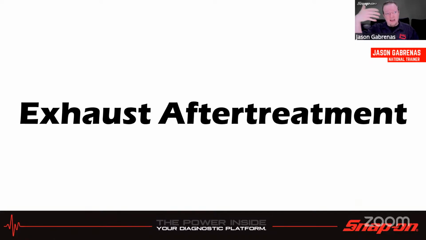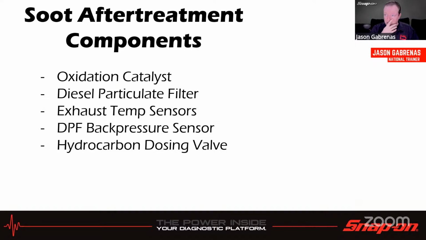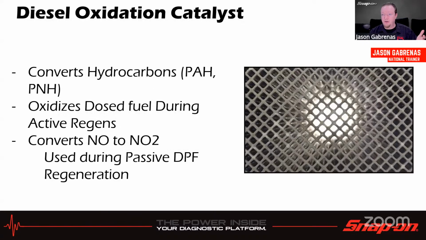Now exhaust aftertreatment. After we've already had combustion, we can have an oxidation catalyst, the diesel particulate filter, which is going to hold the soot, exhaust temperature sensors to monitor everything along the way, a DPF back pressure sensor or DPF differential pressure sensor, we could call it, and a hydrocarbon dosing valve, and that's mainly for the DEF to treat the soot.